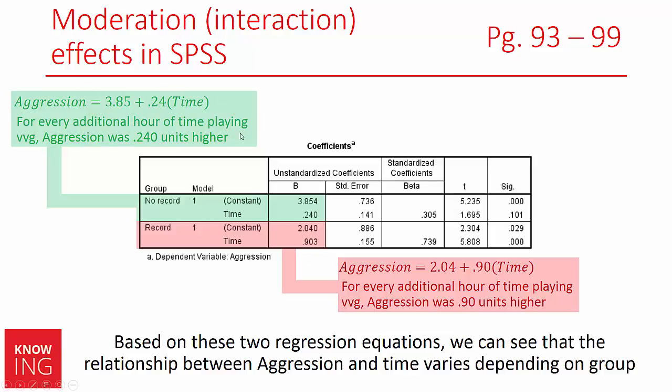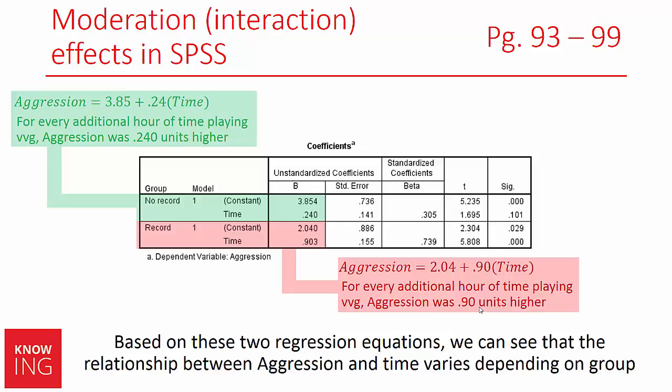In the no record group, aggression only increased by 0.24 units, whatever that refers to, for every additional hour. Whereas for the other group, the record group, it increased by 0.9 every hour. This is basically 4 times the amount almost of increase in aggression, which is quite substantial.